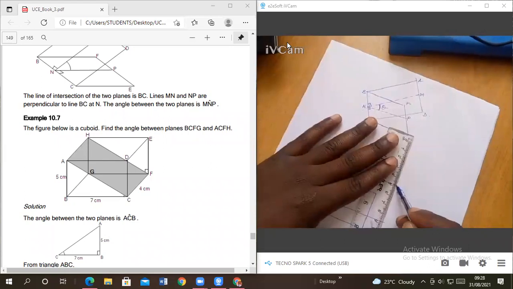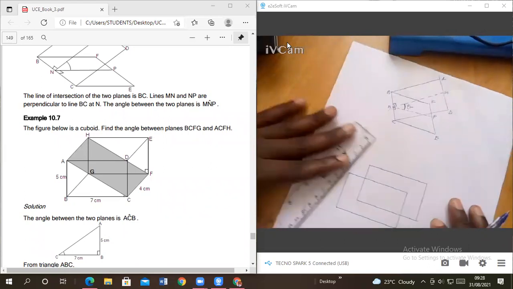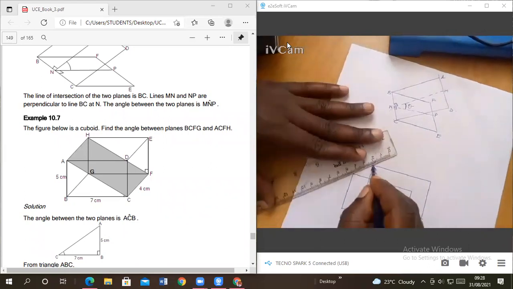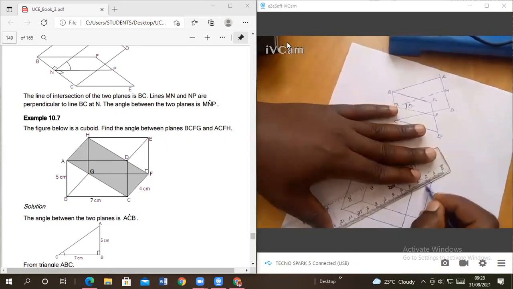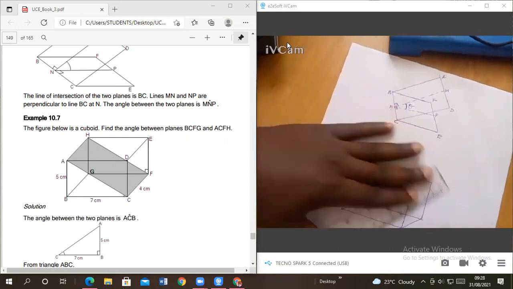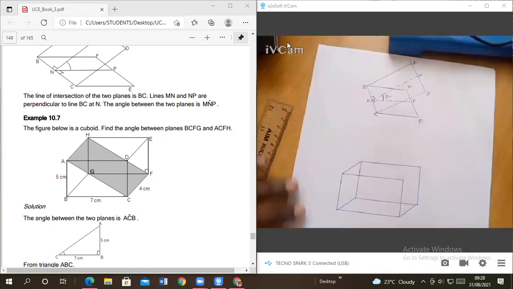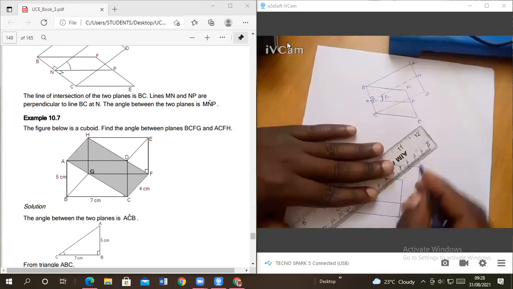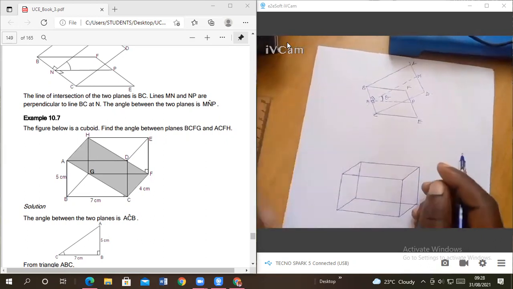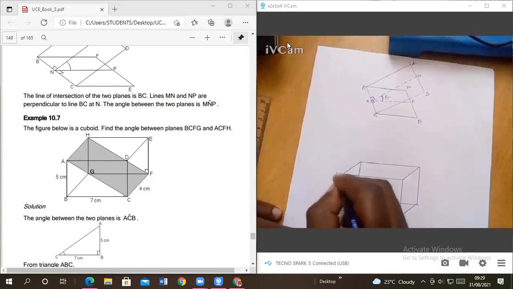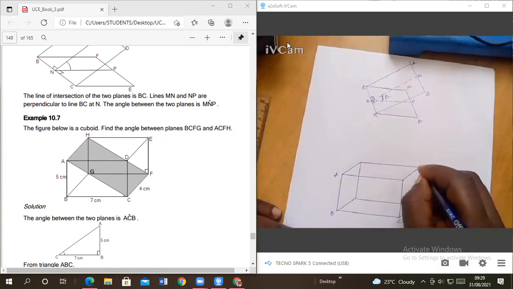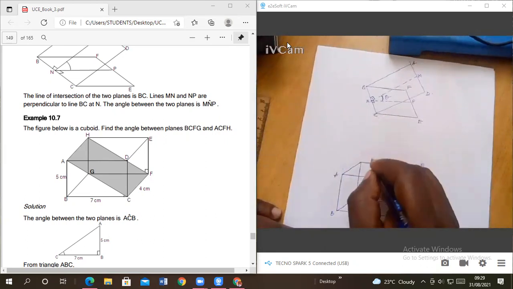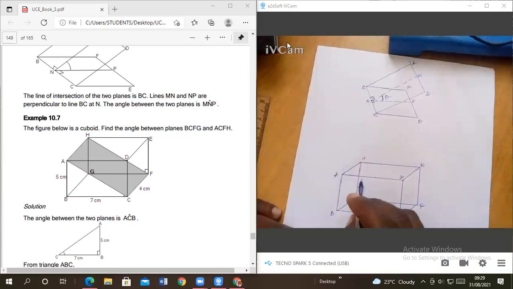Then I'll connect this very fast. We have that. So now I can do this, and that. Okay, so the next thing that I'm left with is to label. So we have A, B, we have C, we have F, E, D, and lastly H. No, that's not the last one, G.